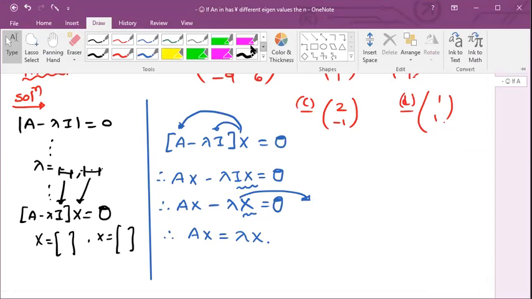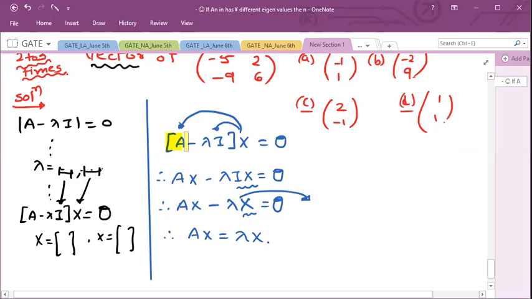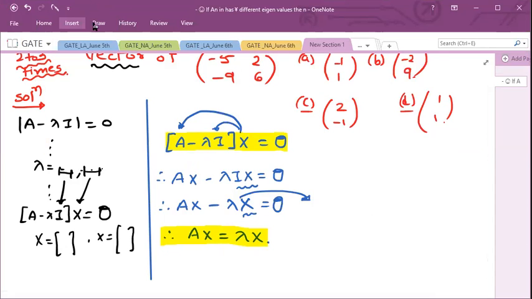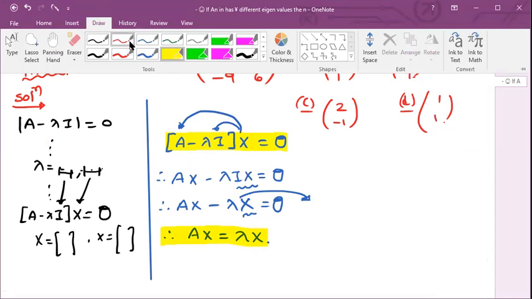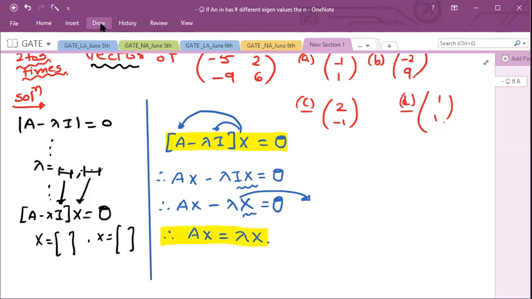Remember this. This condition can be reduced to Ax is equal to lambda x. So if x is my eigenvector, it should satisfy this property. You can include this in your formula book as well. So for an eigenvector, your Ax should be equal to lambda x.